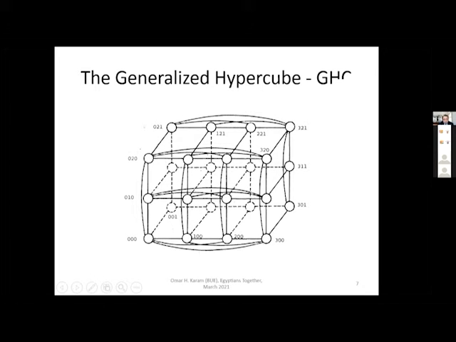What's the maximum distance this message needs to travel? 3, because we have 3 dimensions. So, for example, if I want to go from this node to the furthest node here, I would have multiple paths, but they're all the maximum distance are 3. 1, 2, and then 3.